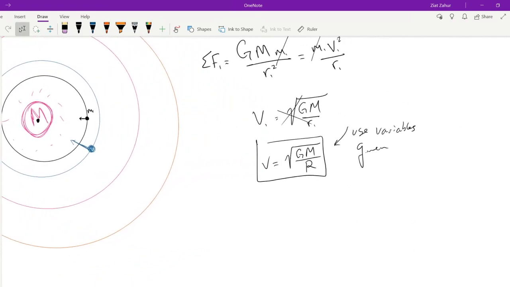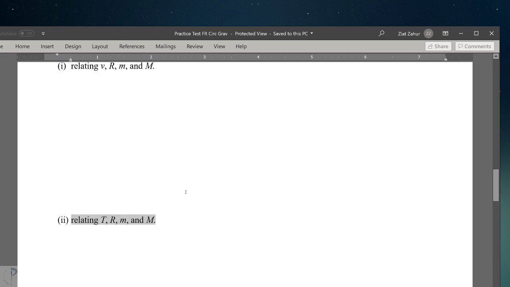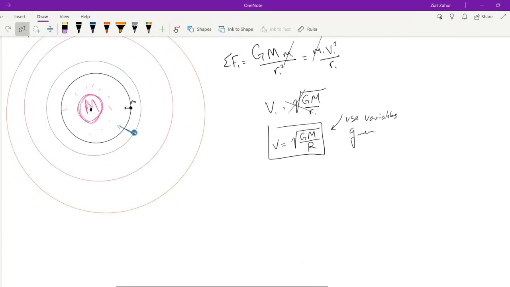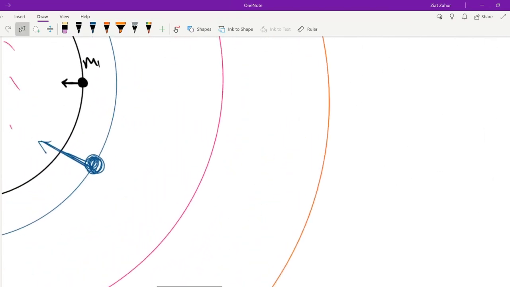All right, let's take a look at part B. In part B, or part 2, we are relating the period, the radius, and the two masses. So I need an equation that relates period, radius, and the two masses. So, of course, Vorb is equal to the square root of GM over r, but Vorb is the tangential velocity for your UCM.